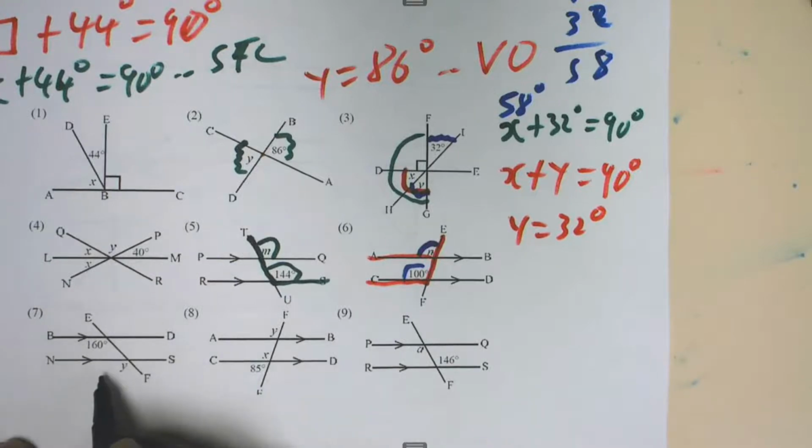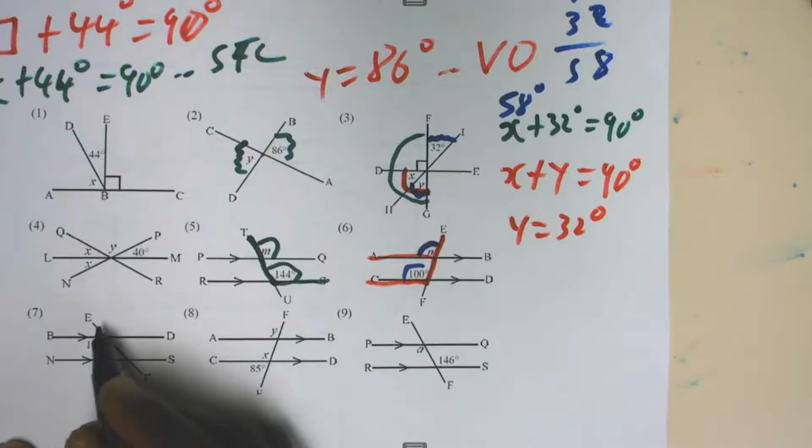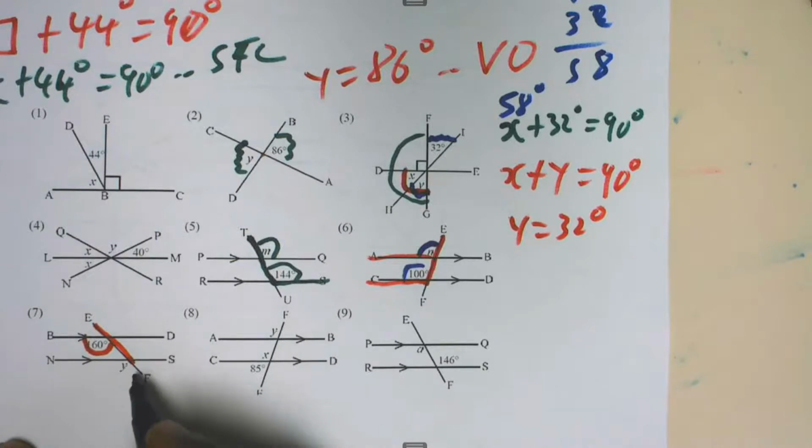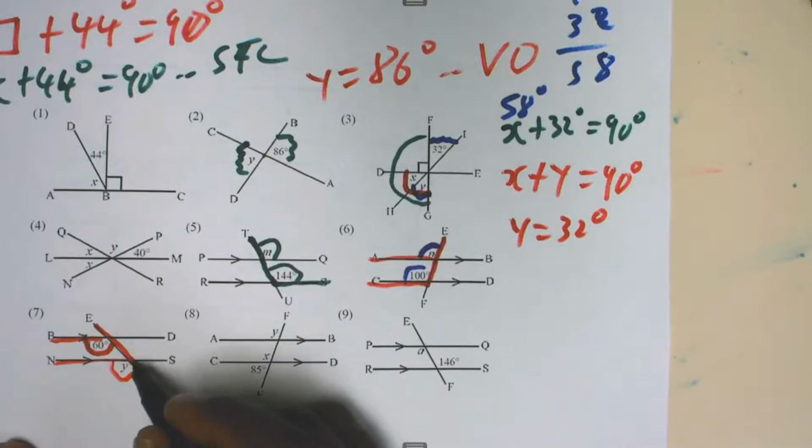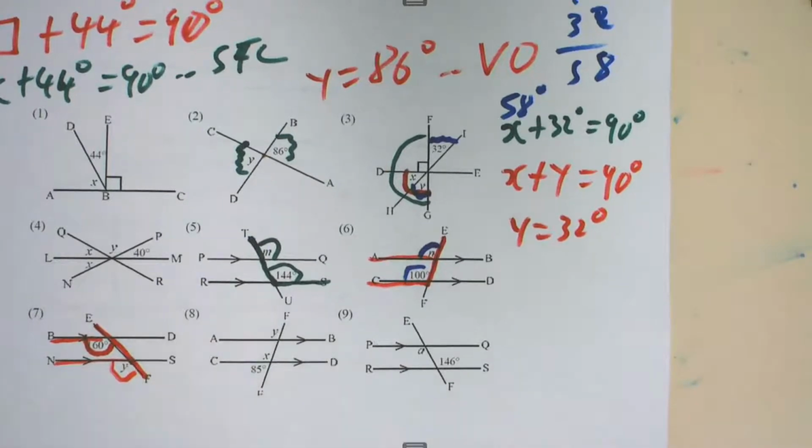Y is below a parallel line, on the left. Is there anything like that here? Yes, below the parallel line on the left. That is your F. Corresponding. Y is equal to 60 degrees.